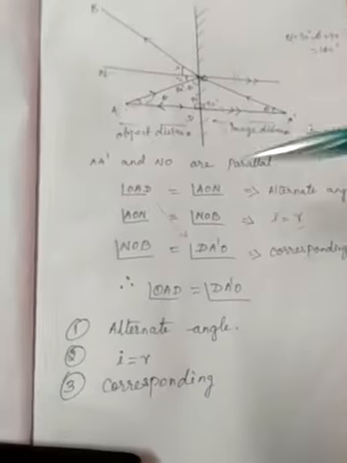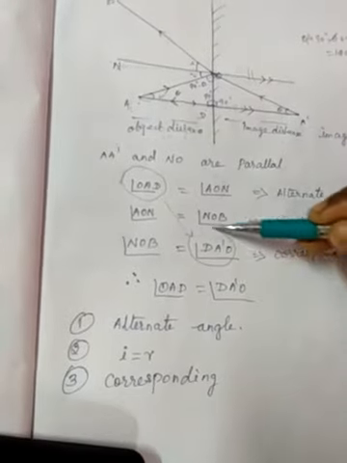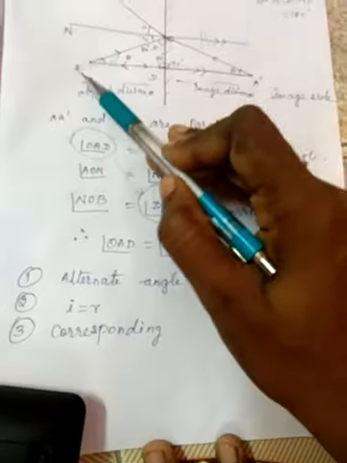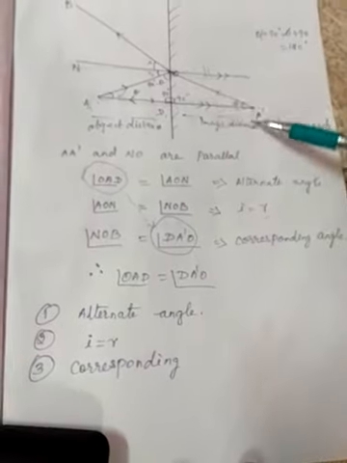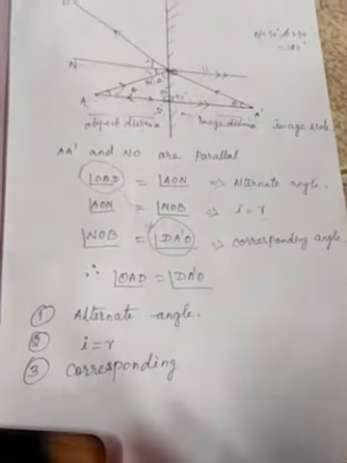Therefore this angle is equal to this angle. So what happened is OAD equals DA dash O. Both angles are equal.